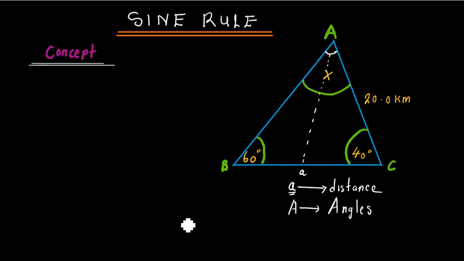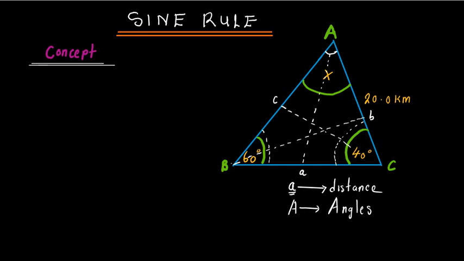My angle for B is this one, but my distance for B is going to be this one. And of course, we use the same concept on C. My angle for C is this one, but my distance for C is this one.